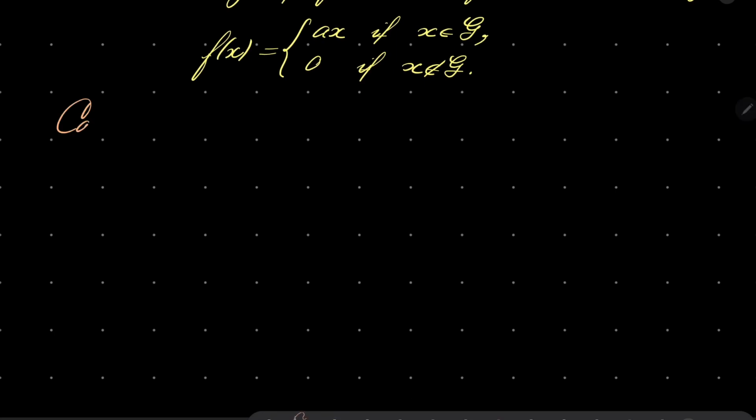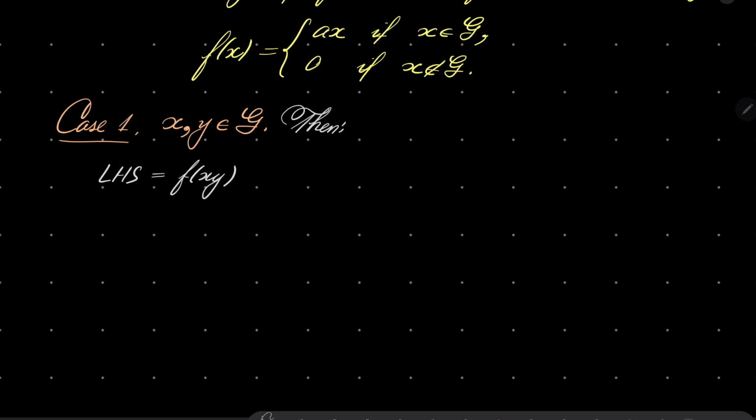Case number one, when I have two elements which are in our group G. Then let's compare the left-hand side and the right-hand side. On the left-hand side, we have f of xy, f of x minus f of y.